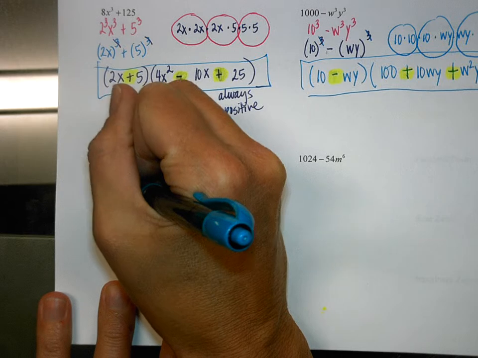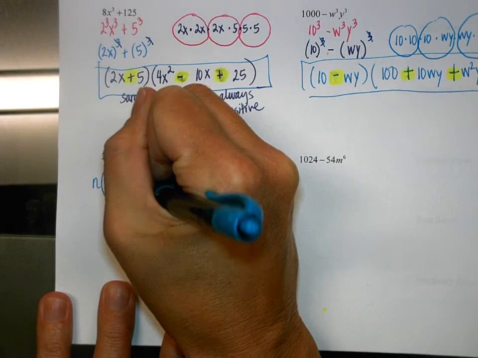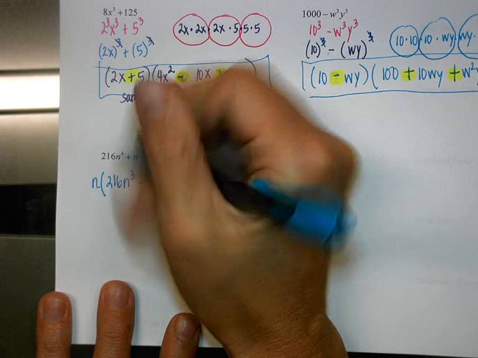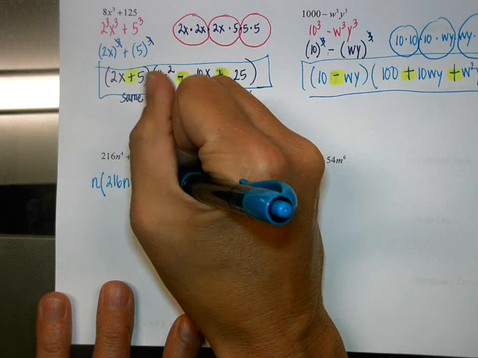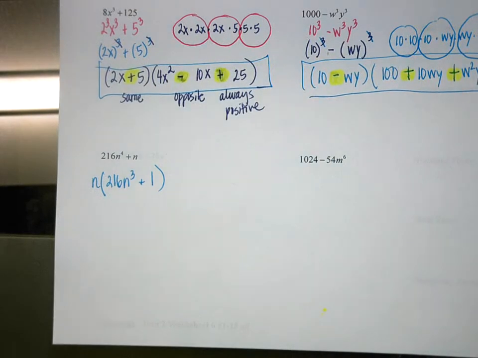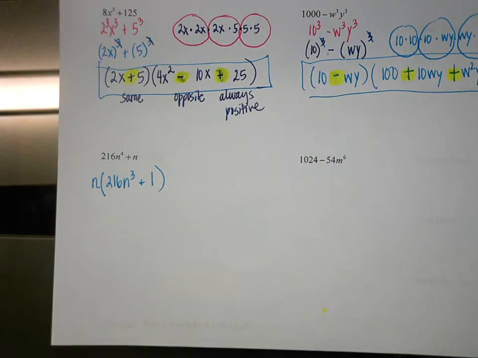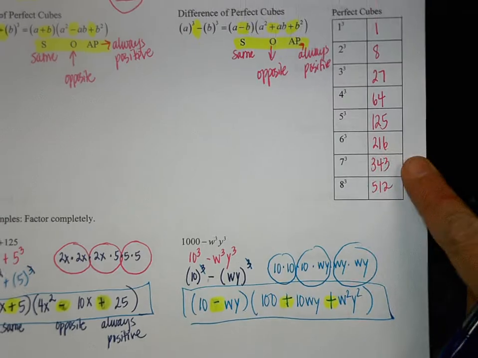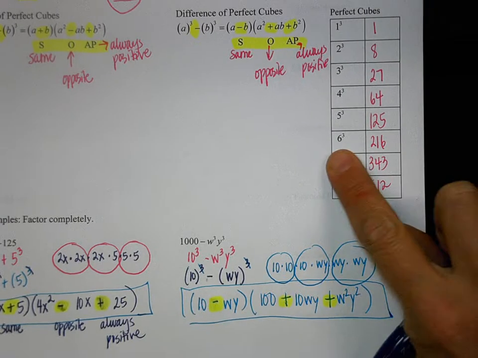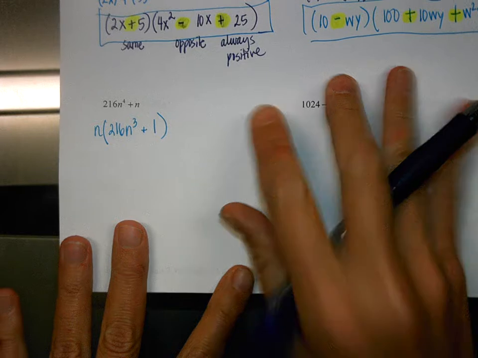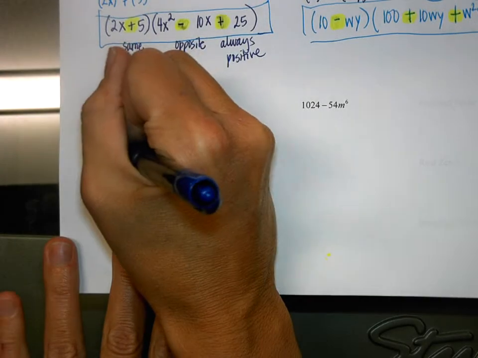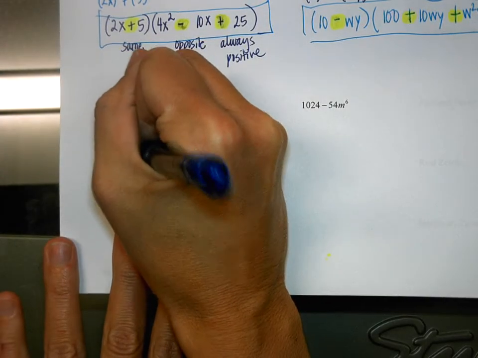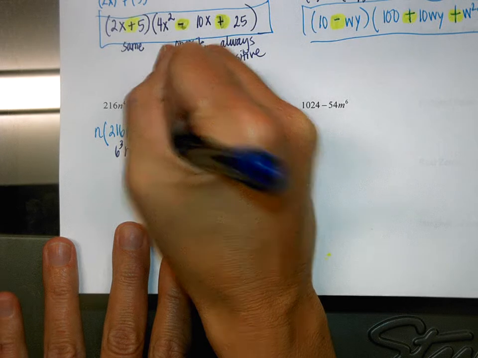When I do that, I'm left with 216 n to the 3rd plus, and then n divided by n makes 1. Now looking at this, hopefully you will notice that 216 is on our chart, and we can see that 6 cubed is actually 216. And so we have 6 cubed, n cubed plus, and then 1 cubed is the same as 1.